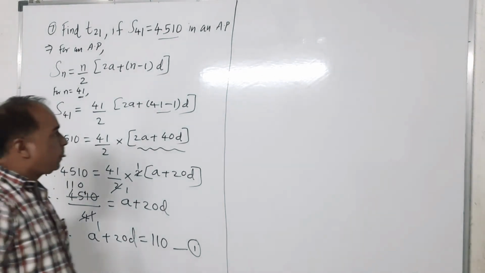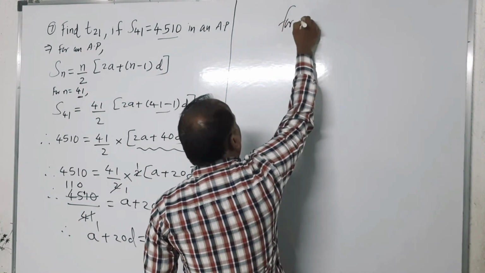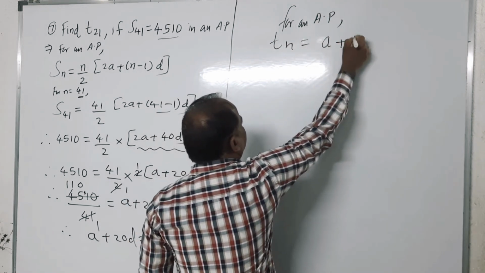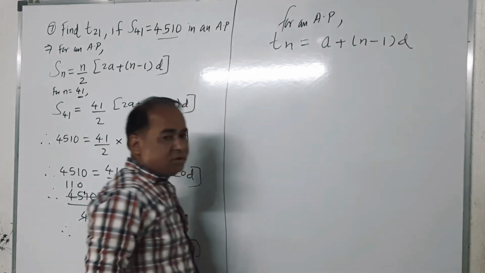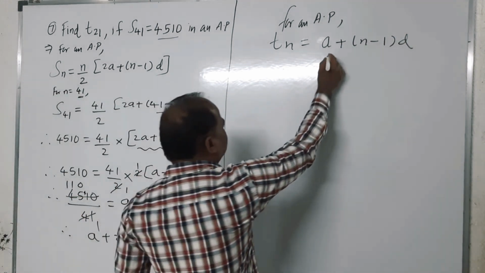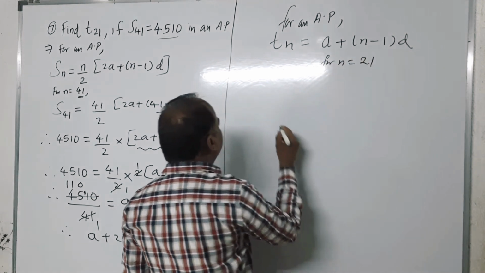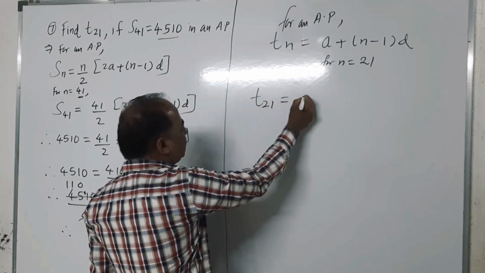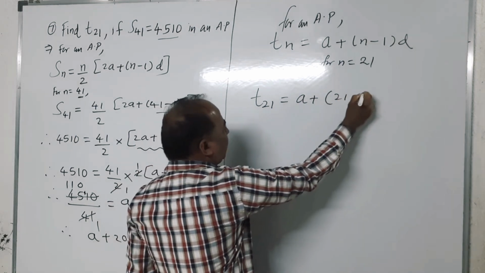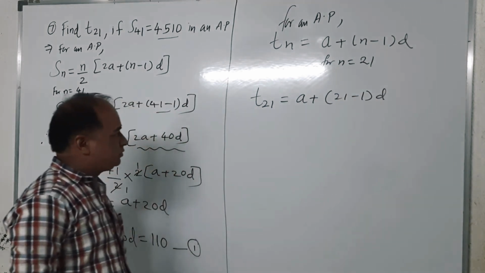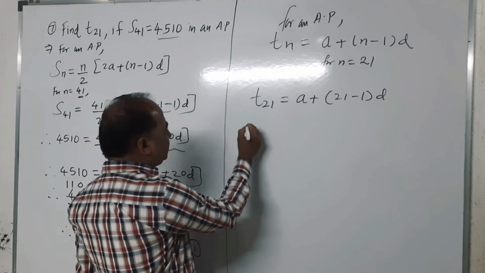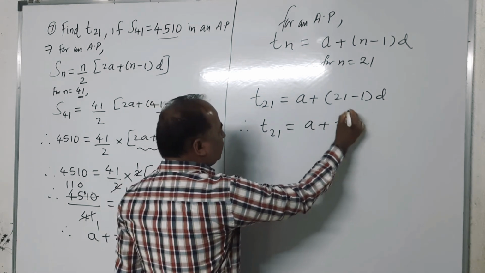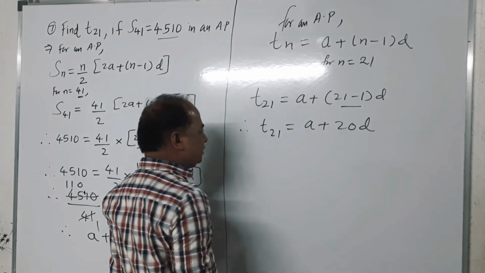Now, for an arithmetic progression, Tn is equal to a plus n minus 1 into d. So for n equal to 21, T21 is equal to a plus 21 minus 1 into d, which is a plus 20d.